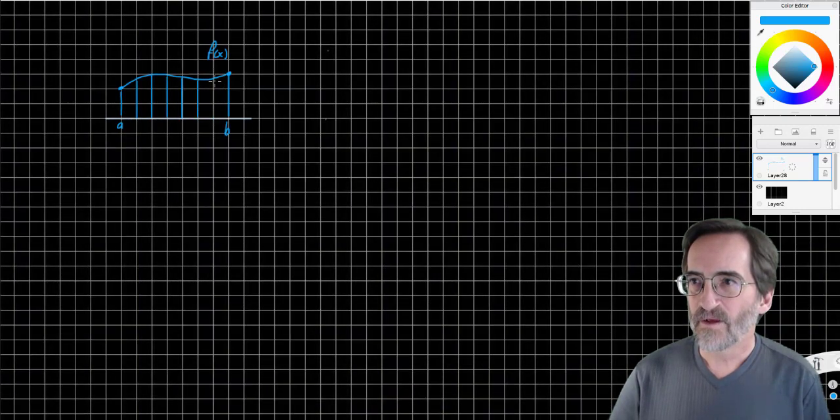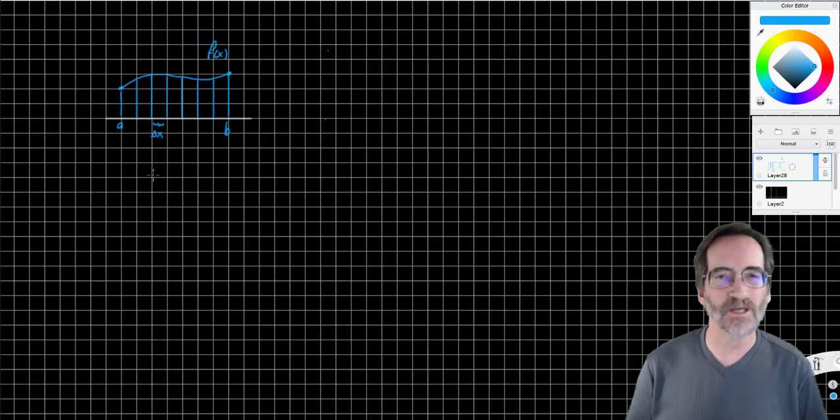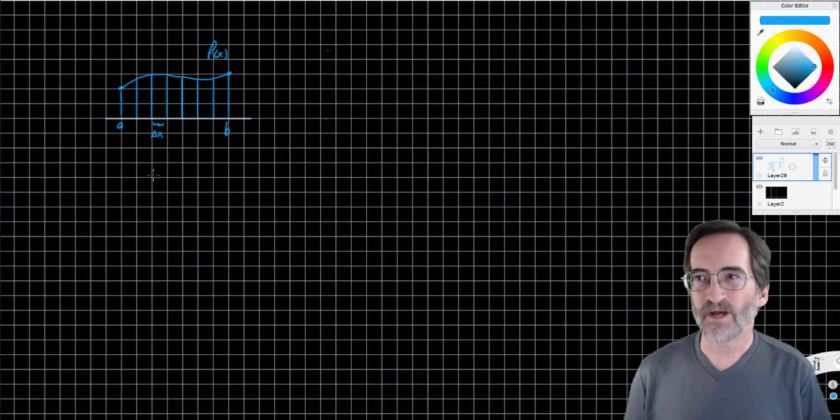Now I want to formalize that a little bit more. Let's call this the width of this bin, we'll call it delta x. The Greek letter delta often stands for change in, right? So delta x, or change in x.